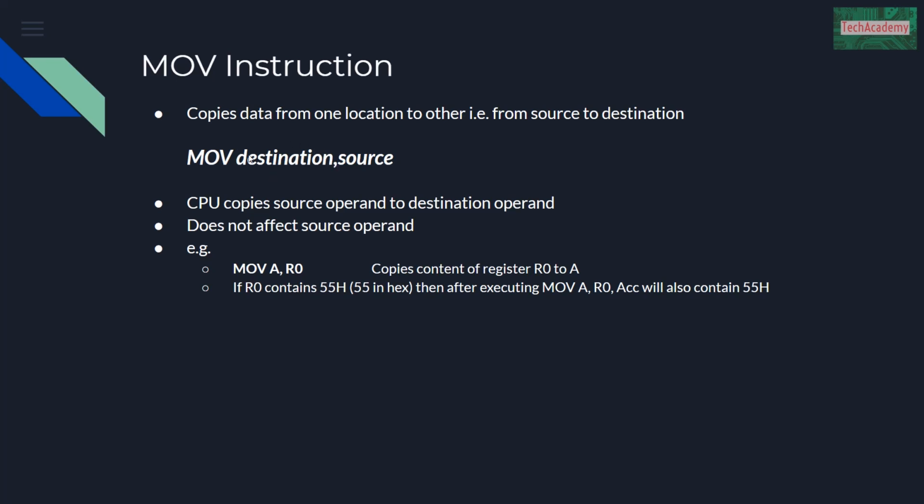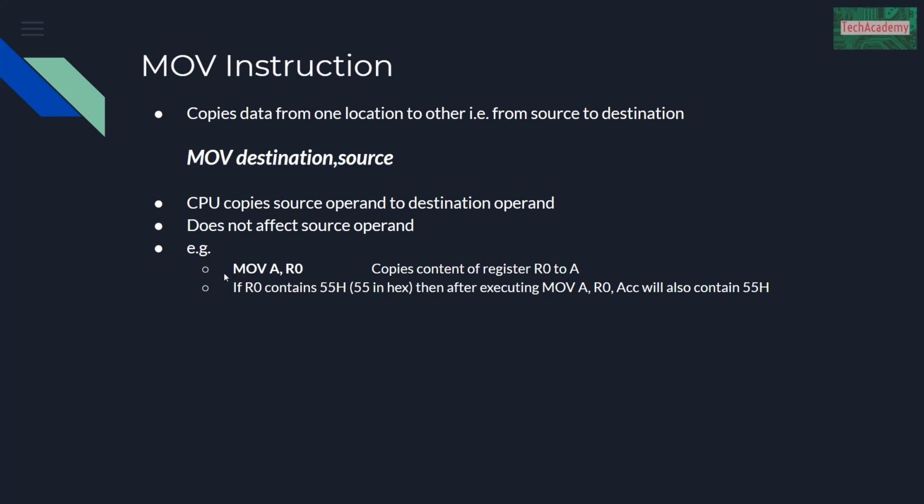For example, we can say MOV A comma R0. R0 is the source register and A is the destination register. A is nothing but the accumulator. What this instruction does is copy data from R0 to the accumulator. Let's say R0 holds 55H data.